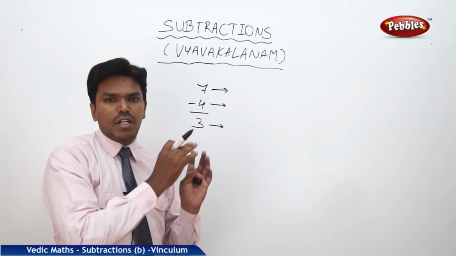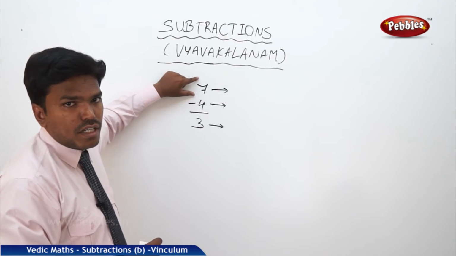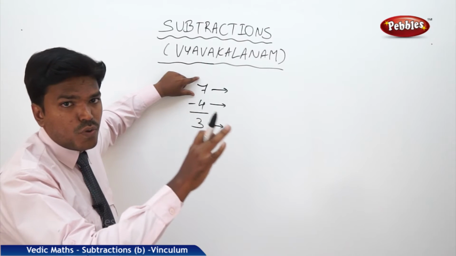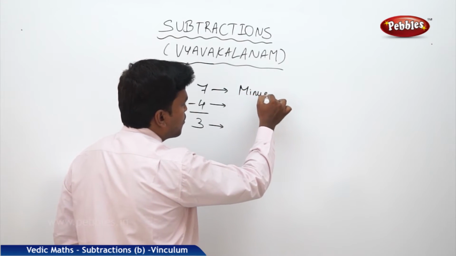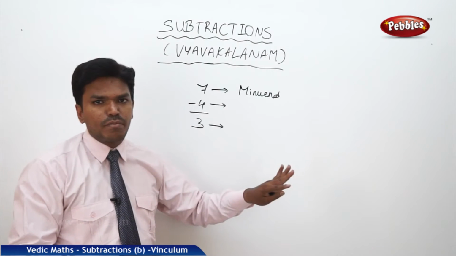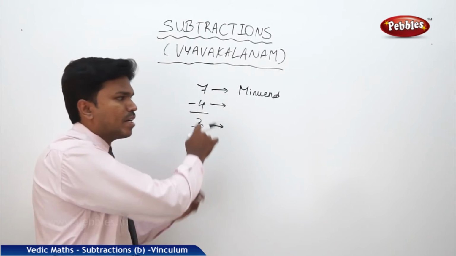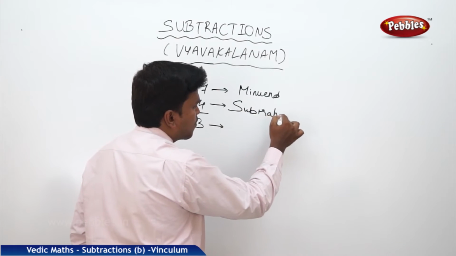The above number, that is 7, which we are subtracting from, is known as minuend. The number which we are subtracting, that is the below one, we call subtrahend.